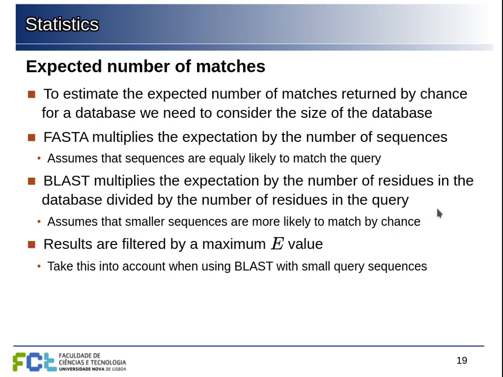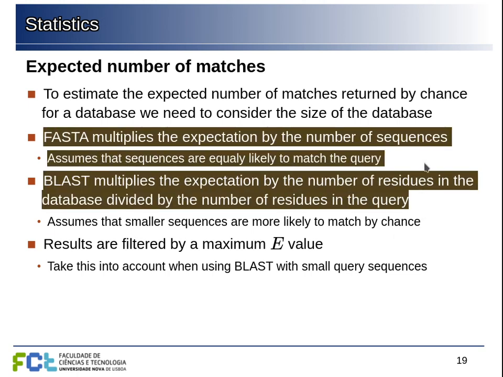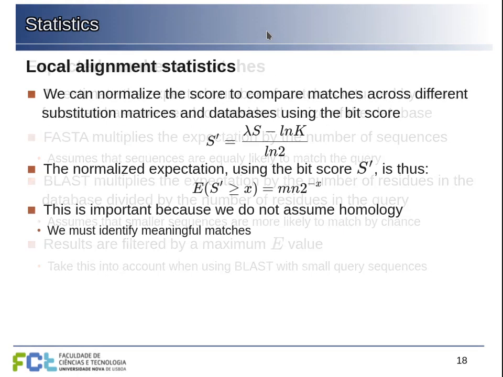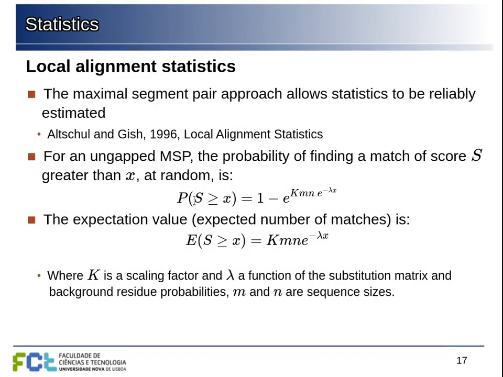But in any case, this is a small difference between the two. The idea here is that we can use the probability of matching a sequence by chance with a score greater than X to obtain an estimate of, on average, how many matches we are going to find with a score greater than X, and calibrate this with the number of sequences we have in the database.